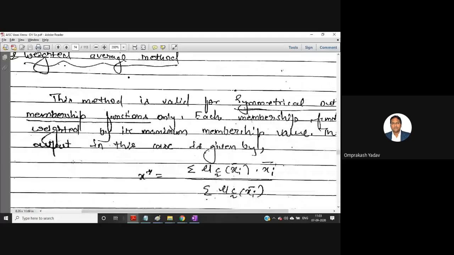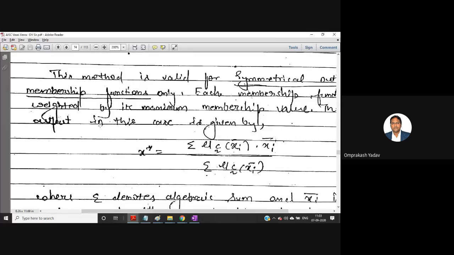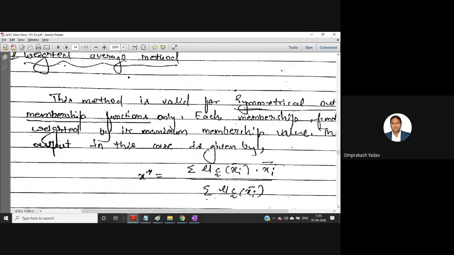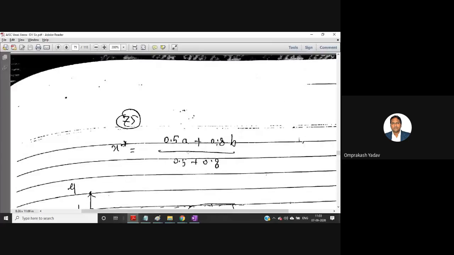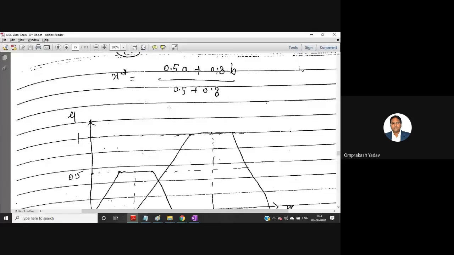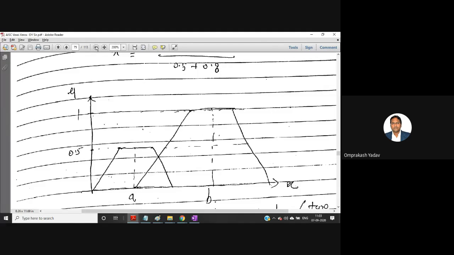If you see here, the final output graph is symmetrical. So this method is valid for symmetrical output membership functions only. What is the formula for this one? X star is given by, for example, the height of this one is, let me reduce some.